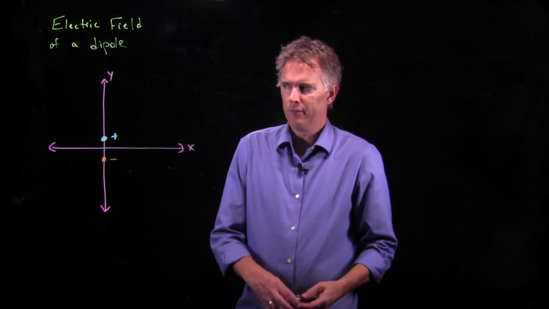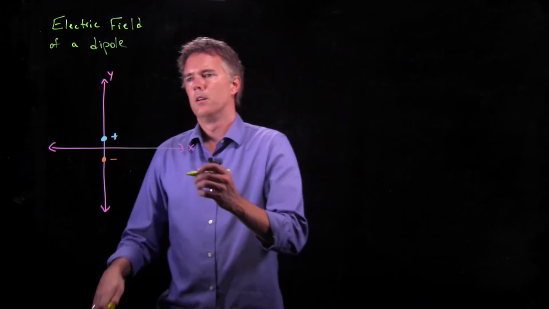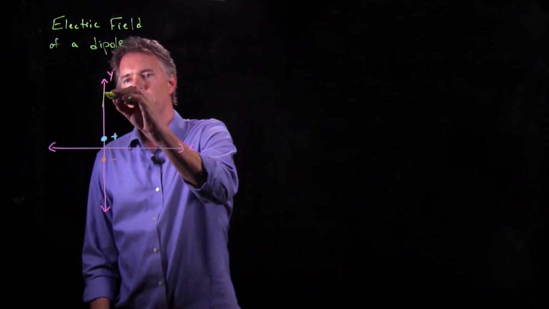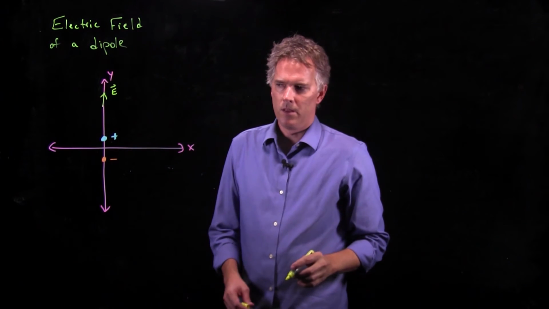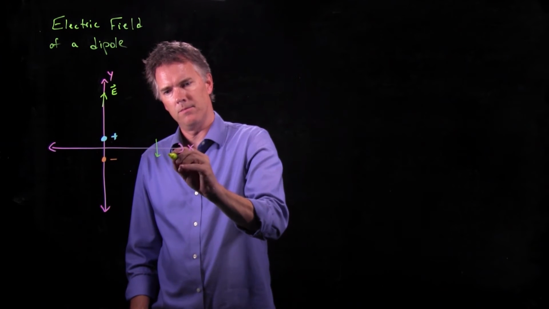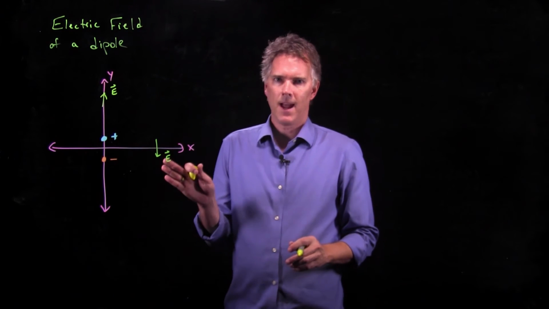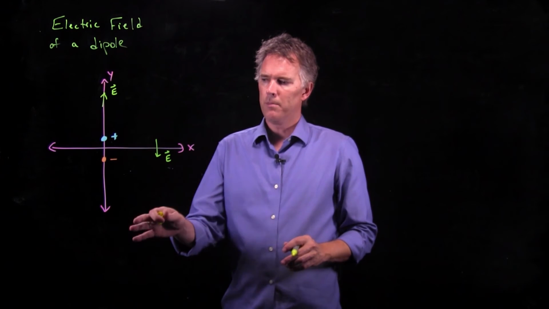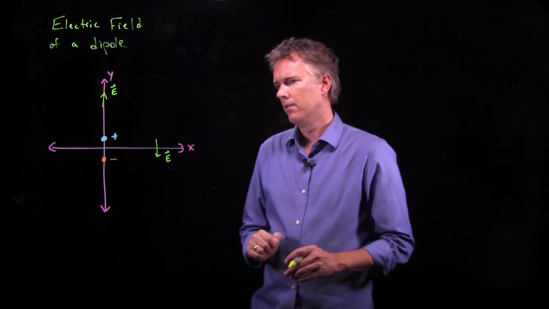And what we saw before was the electric field up here was pointing up. The electric field out here was pointing down. Let's ask the question, what about the electric field down here at the negative y-axis?